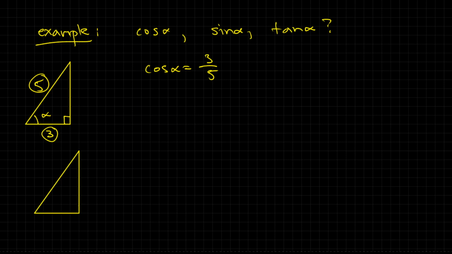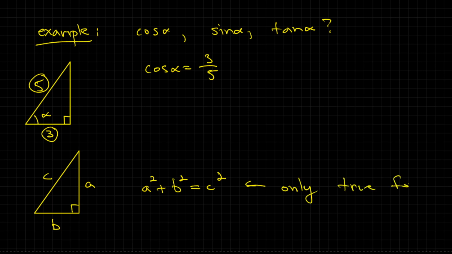But if you have a right triangle, and the lengths of the legs are a and b, and the length of the hypotenuse is c, then the Pythagorean theorem says that a squared plus b squared is equal to c squared. And again, this is only true for right triangles.